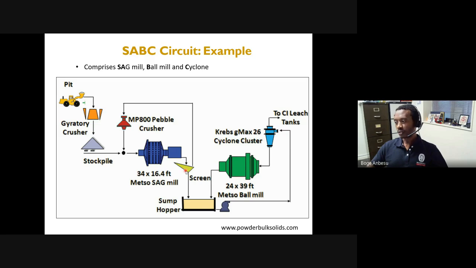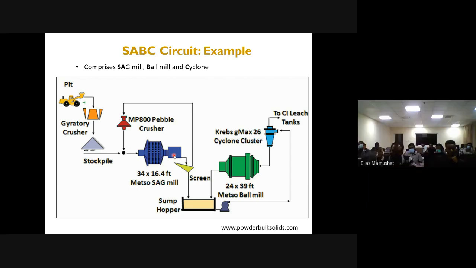And the screen here is put to recycle any of the coarse material that is discharged off the SAG mill. And we talked about scats, for example, which I said were somewhere around 20 to 50 millimeter particle sizes, which don't crush very well in a SAG mill, and they need to be quickly removed and recycled back.